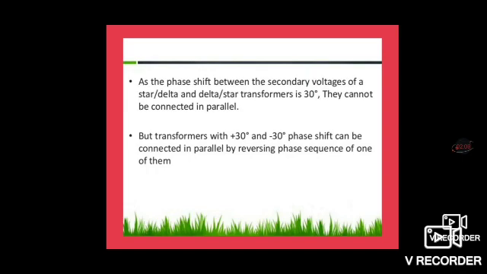As the phase shift between the secondary voltages of a star-delta and delta-star transformer is 30 degrees, they cannot be connected in parallel. But transformers with plus 30 degree and minus 30 degree phase shift can be connected in parallel by reversing the phase sequence of one of them.